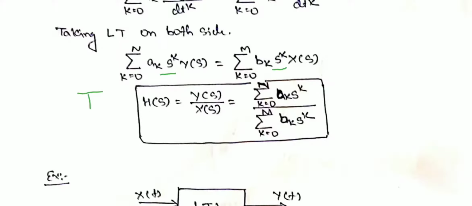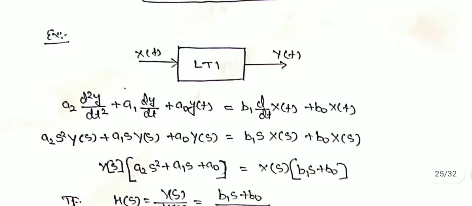Therefore the transfer function H(s) becomes Y(s) divided by X(s), which is the summation of a_k s^k divided by the summation of b_k s^k. Okay, let's consider an example.